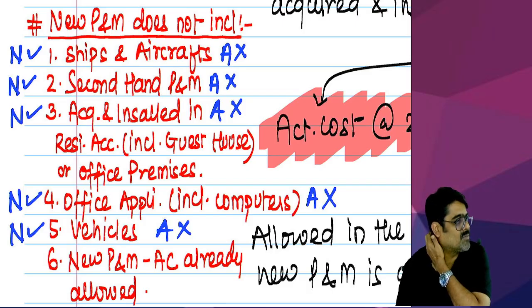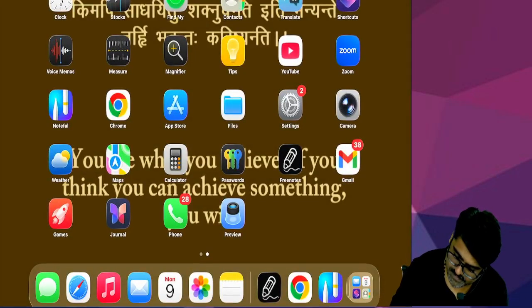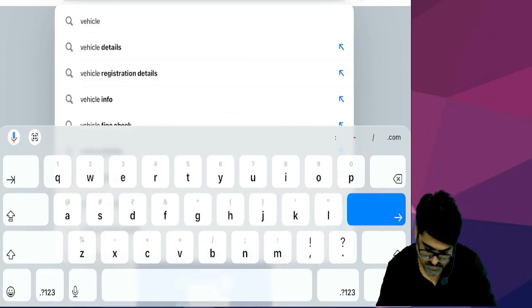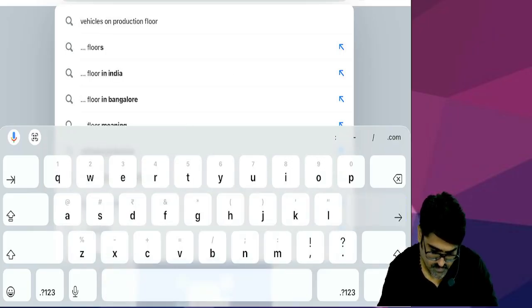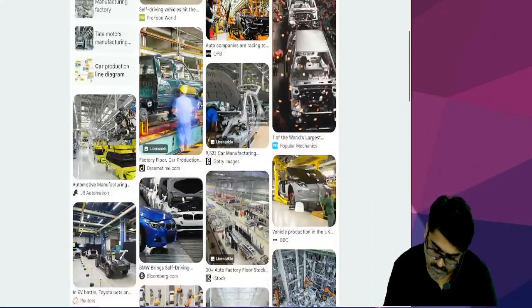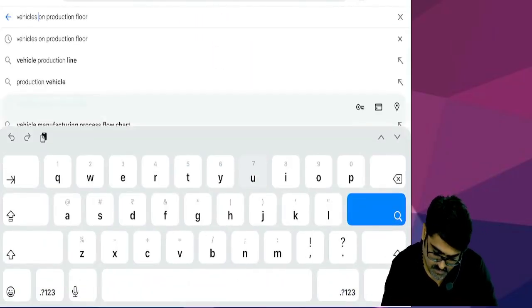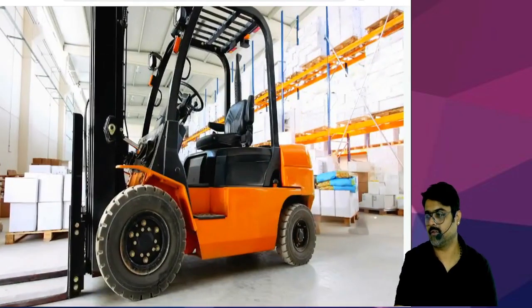Sir, some small vehicles usually run on the production floor. Can you see this?